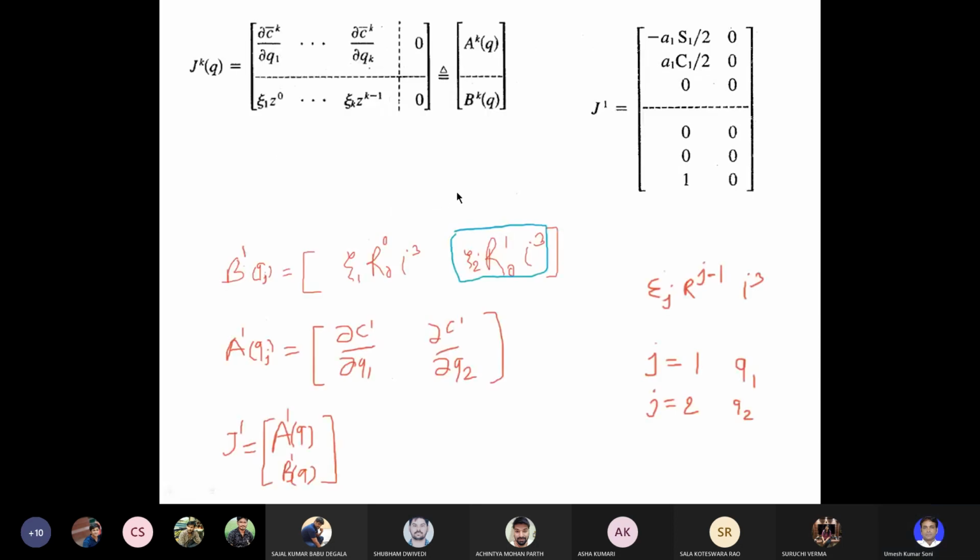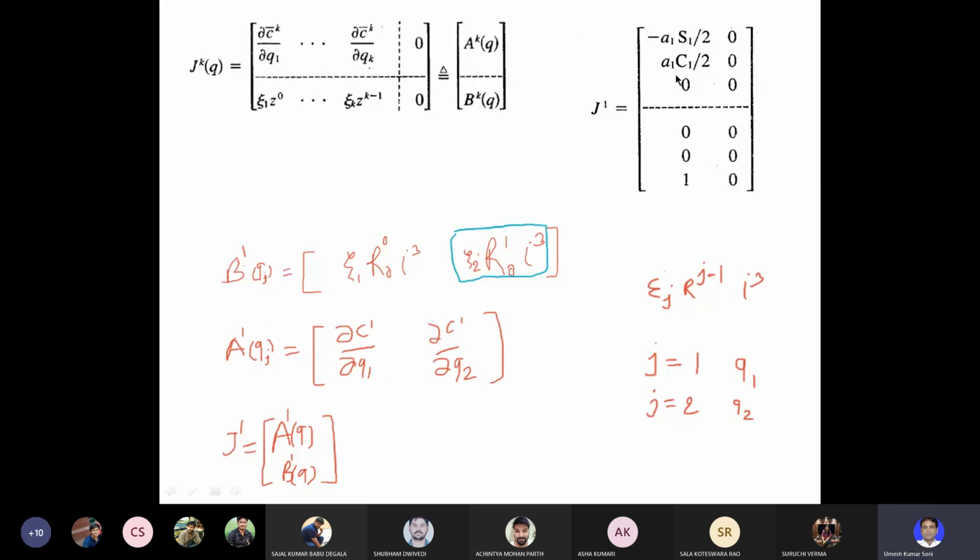So now the next condition is to determine the individual elements of this Jacobian matrix. So in the Jacobian matrix you have determined the C. Then you take the derivative with respect to theta1, you take the derivative with respect to theta2.